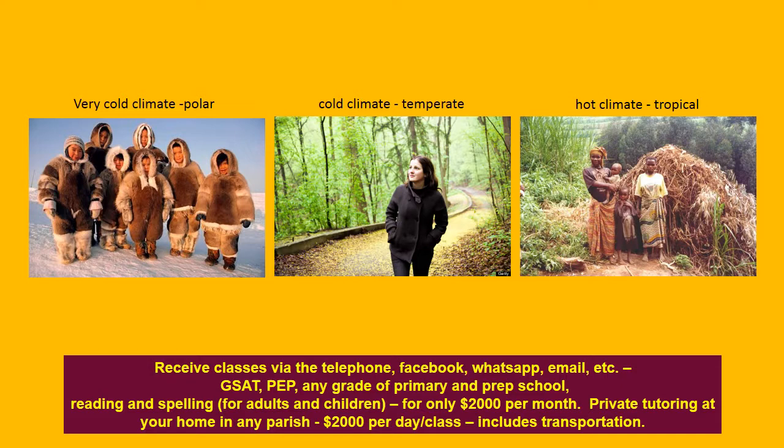Next beside it, the photograph shows how someone is dressed in a temperate climate. That is a cold climate, but not very cold. You can see that she is dressed in something to keep her warm as well, but it's not as warm as those in the polar climate.